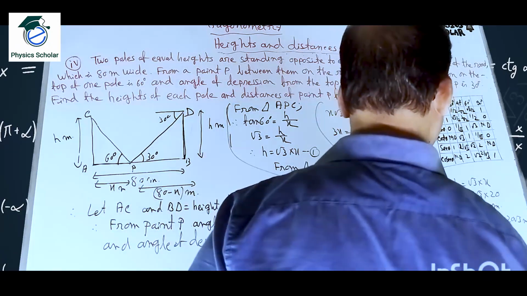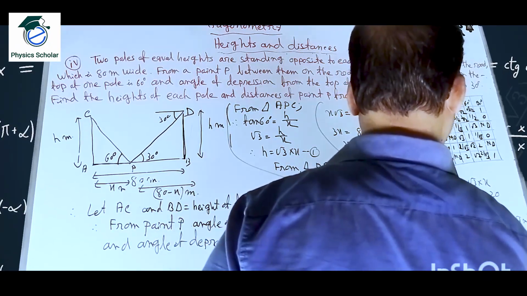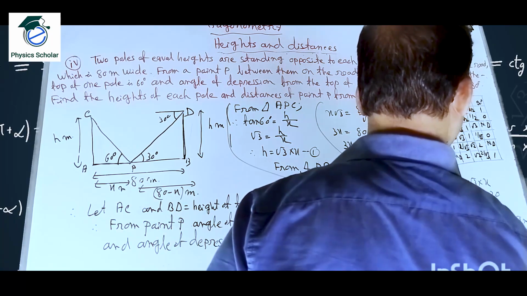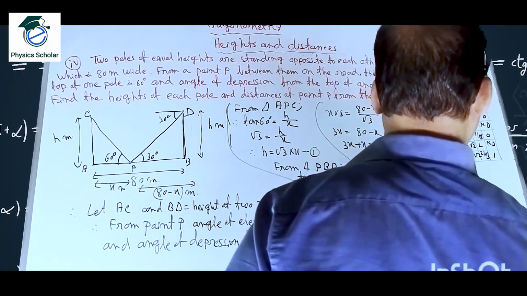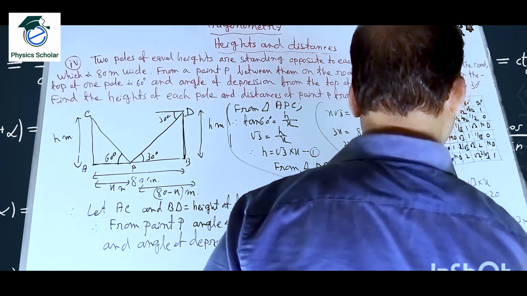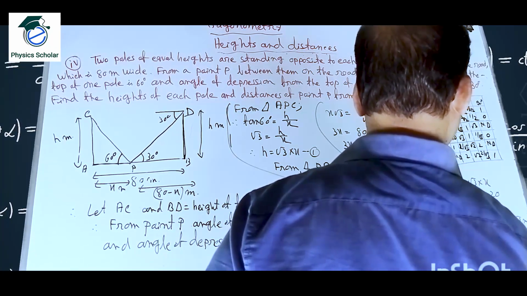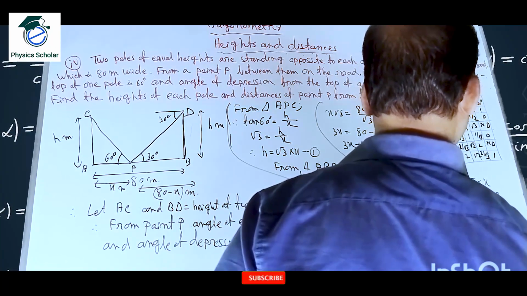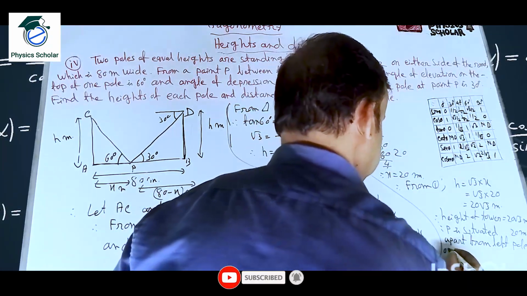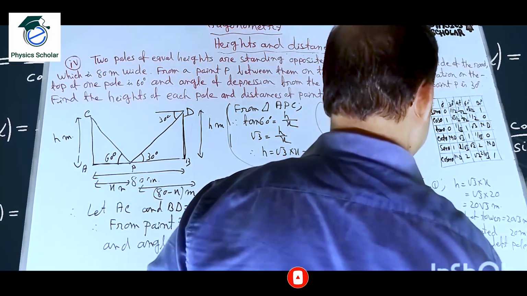So point P is situated 20 meters apart from the left pole, or 60 meters, since the total is 80.